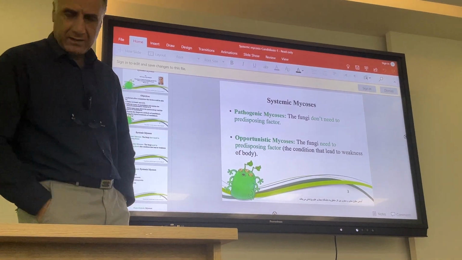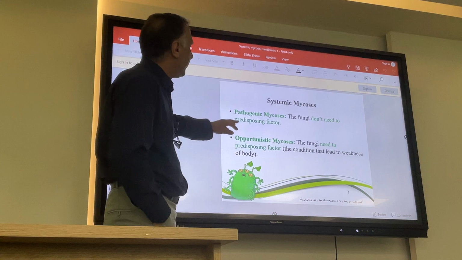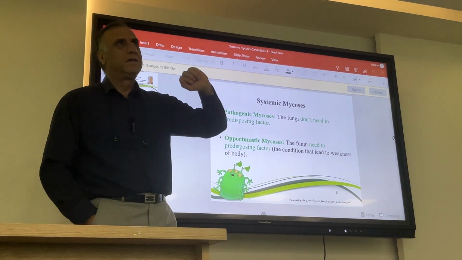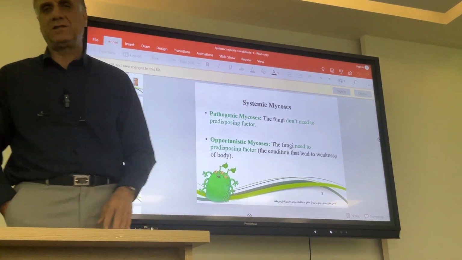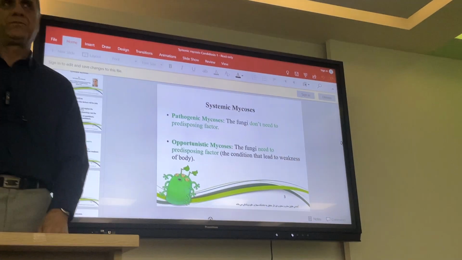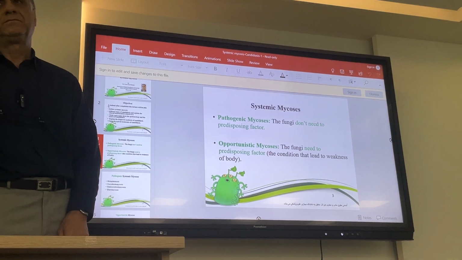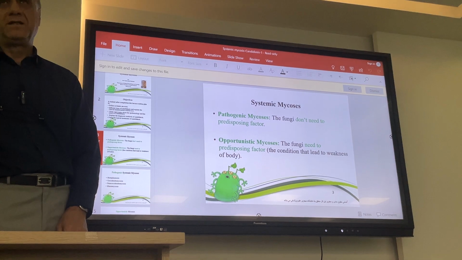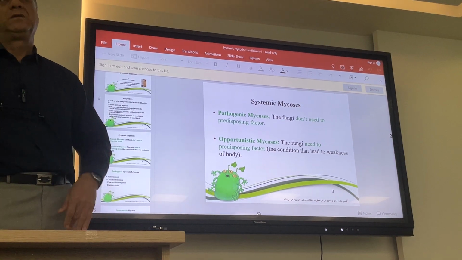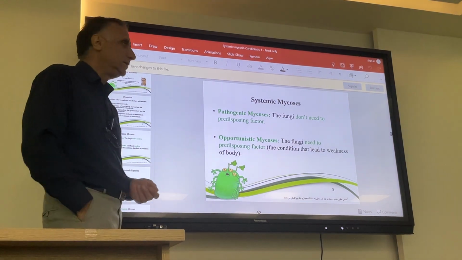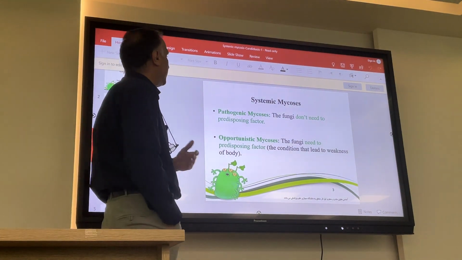In this section, we must explain systemic mycosis. What is systemic mycosis? The infection that spread to more than one organ, more than one internal organ.